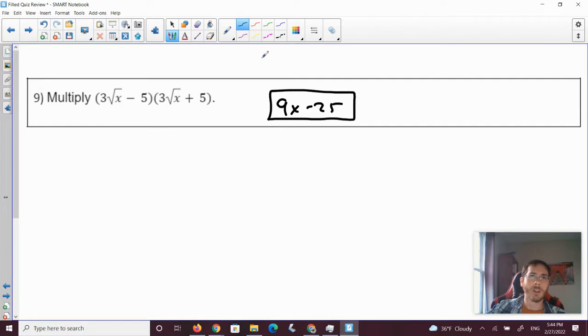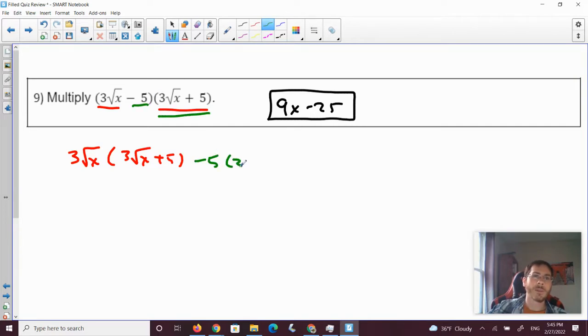If you really want to go the long way, you're allowed to go the long way. To go the long way, we would do our double distributive property. 3 root x plus 5 times 3 root x minus 5. And then we double distribute. So 3 times square root of x times 3 square root of x is 9x. 3 root x times 5 is 15 square root of x.